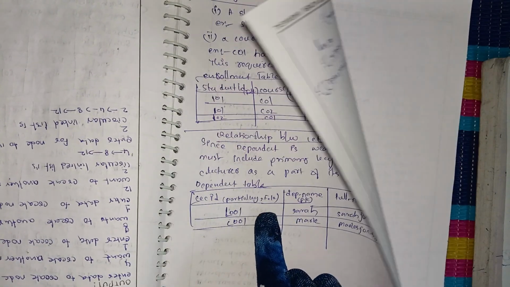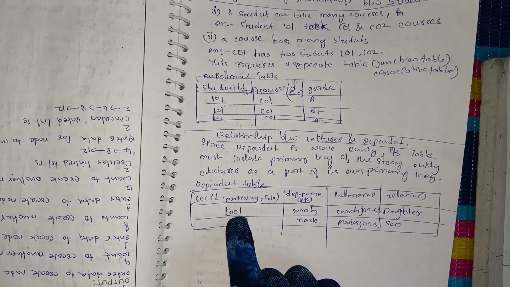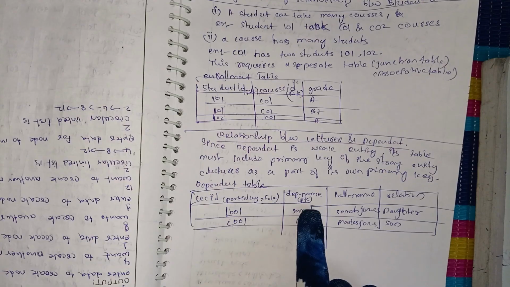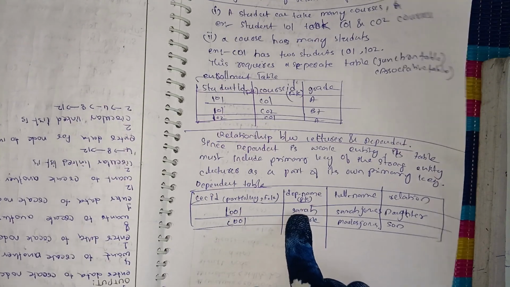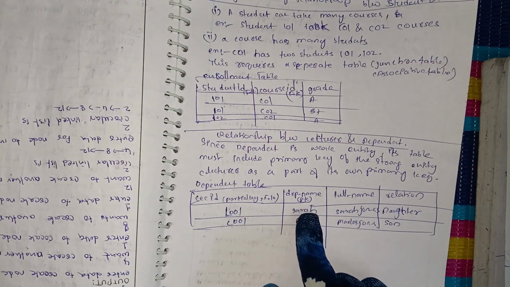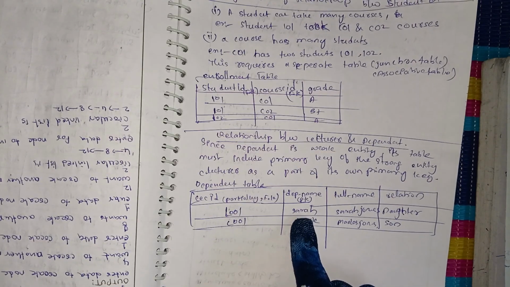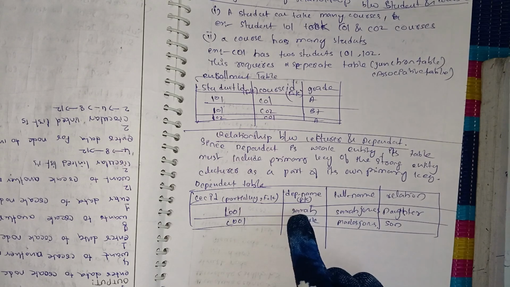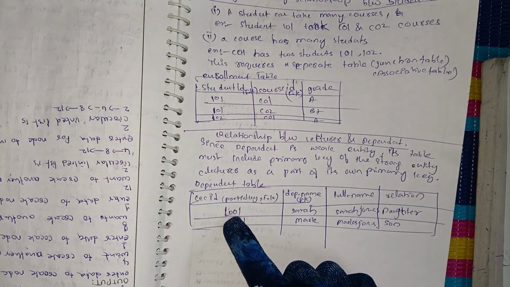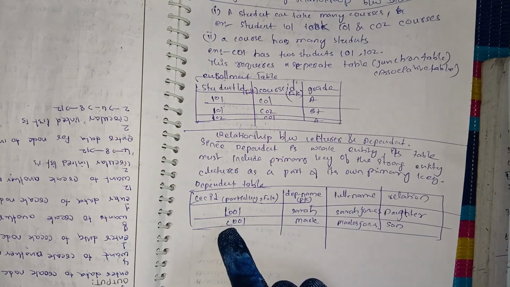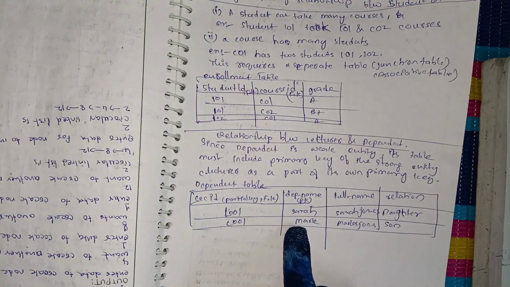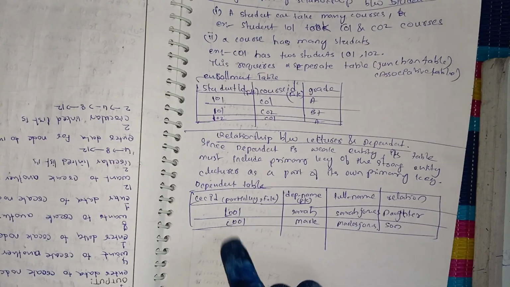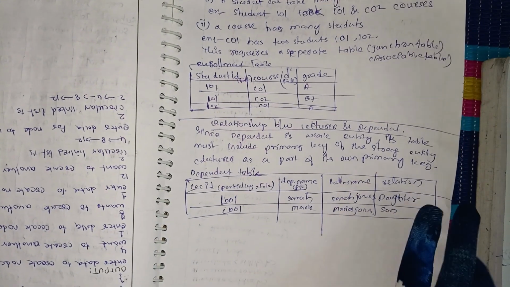So if we consider lecturer ID as a primary key and dependent name as a partial key, then each value in the partial key must be uniquely related to a lecturer ID value. So here Sarah is related to L001 and Mark is related to L001. These are two different entities which are related to L001, the lecturer ID.